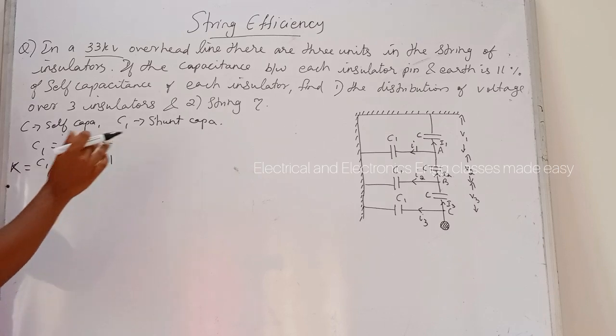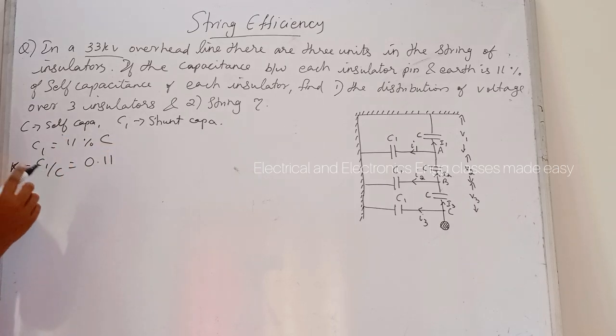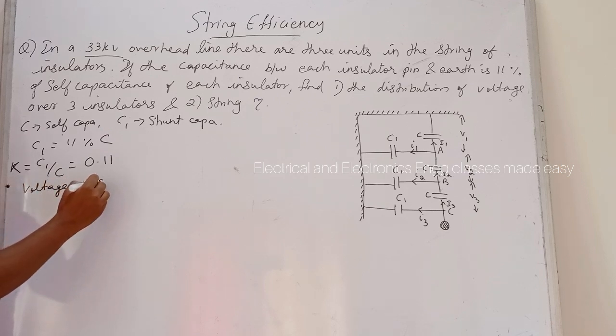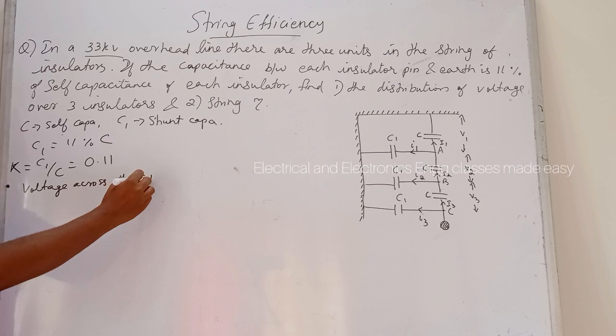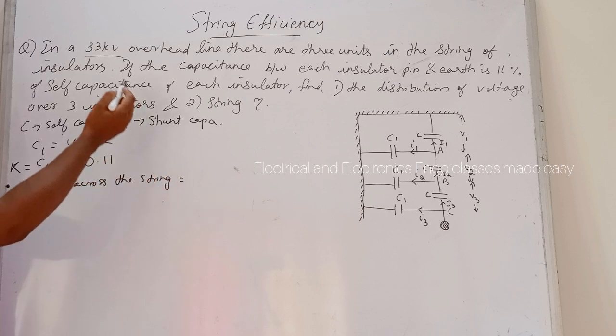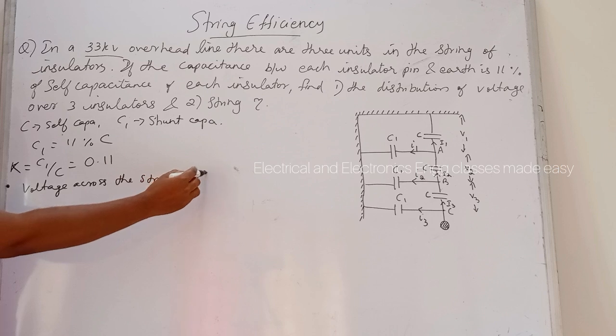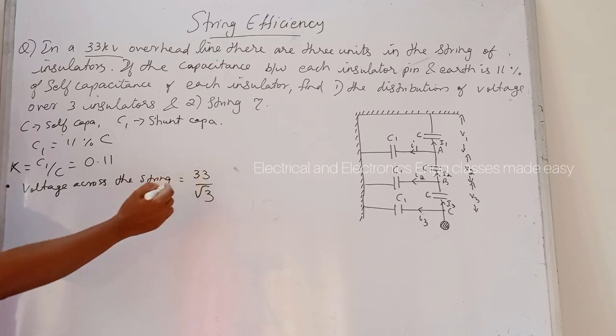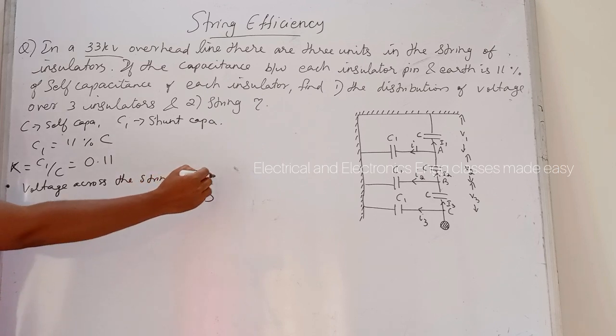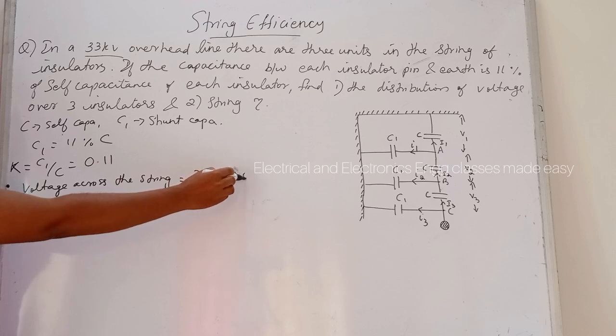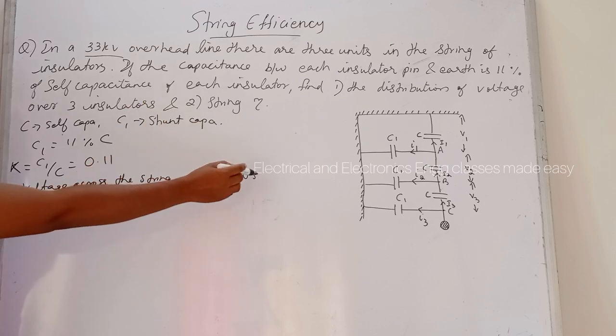First of all we have to find the voltage across the string. It is the phase voltage, so we divide by root 3. So 33 divided by root 3 is equal to 19.05 kV.